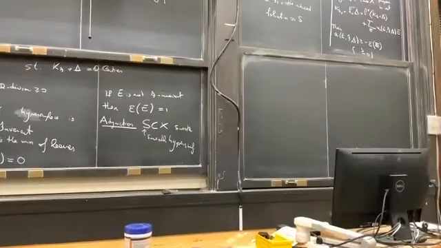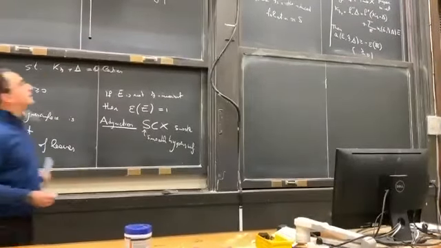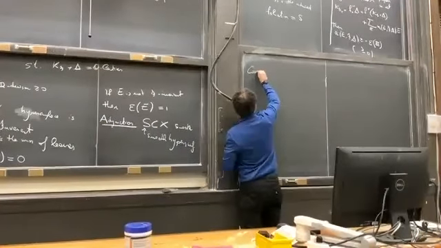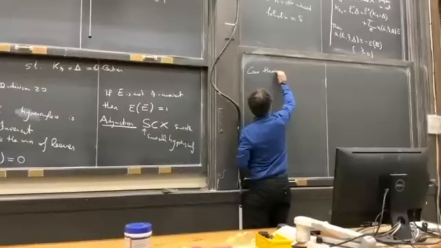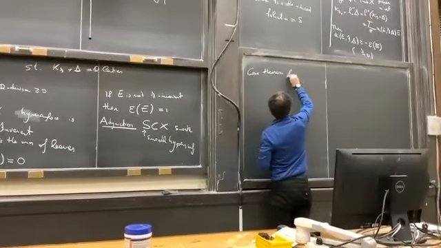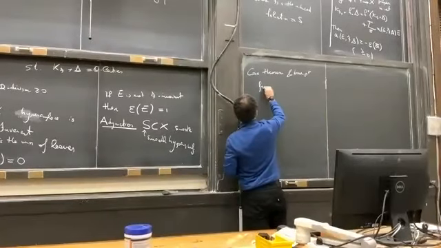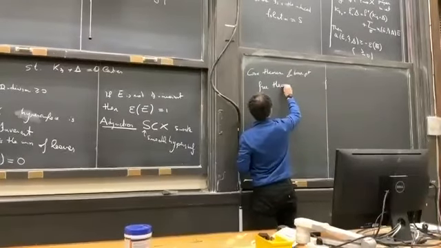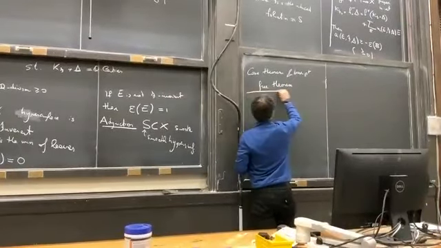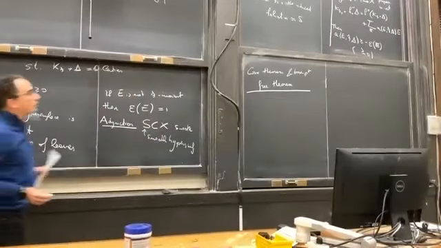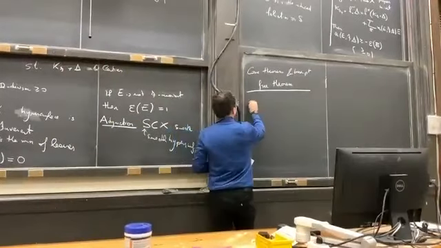So the point of today is: is there a cone theorem and a base point free theorem for this object? Well, since it's not known in general, I will call it a conjecture.